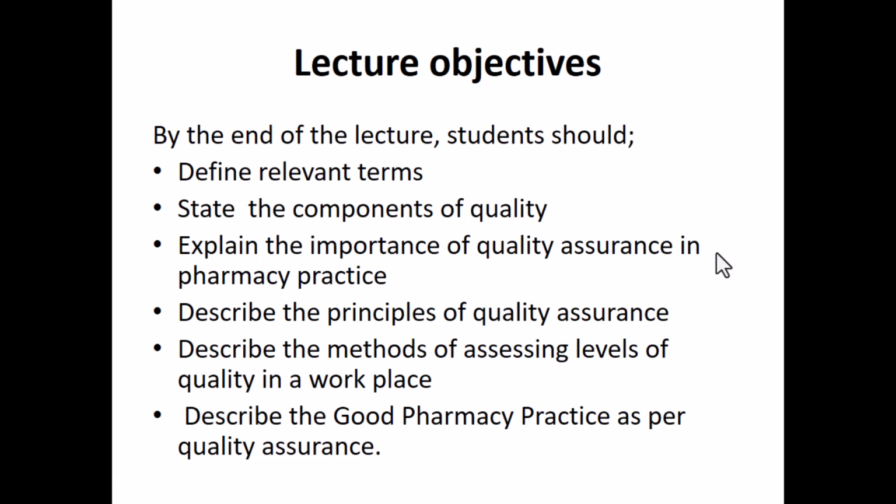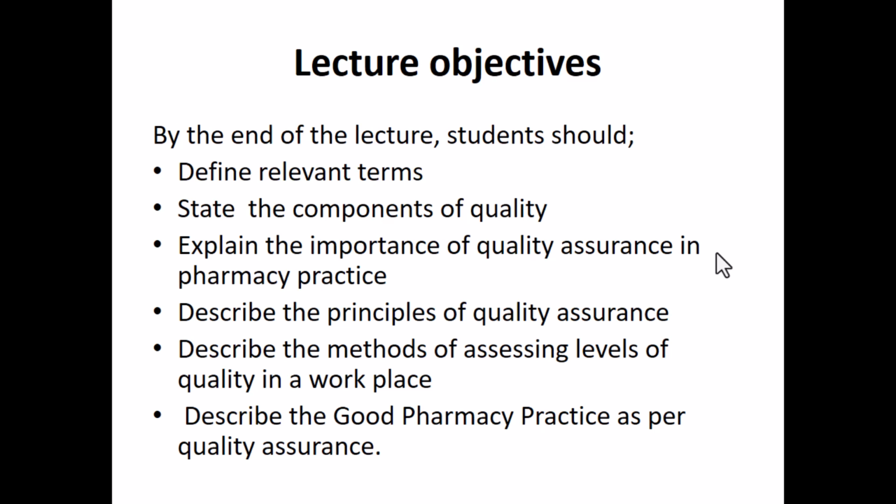So we are going to look at the outline of today's class and see what we need to learn, what the objectives of today are. In the course of the lecture today, we need to define relevant terms, state the components of quality, define quality, and then explain the importance of quality assurance in pharmacy practice.